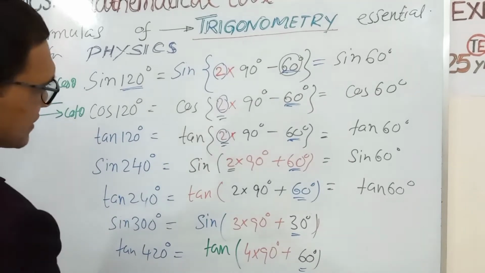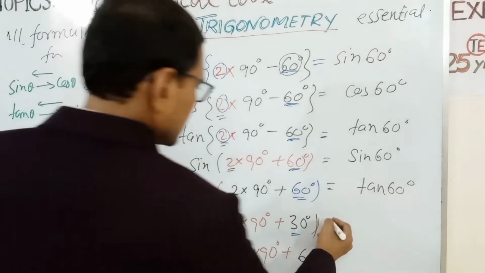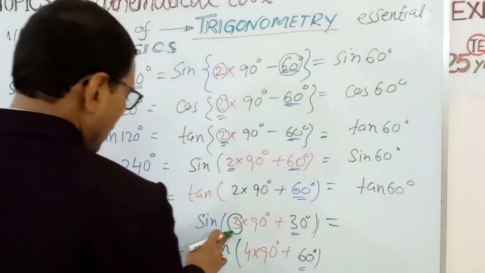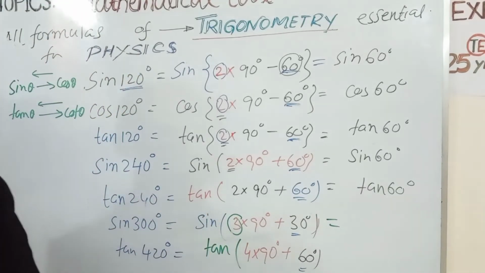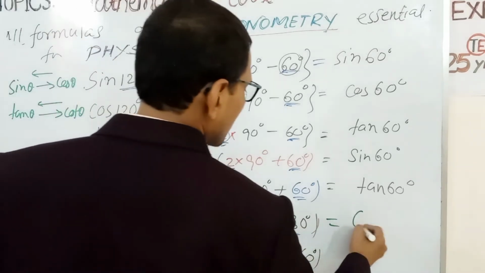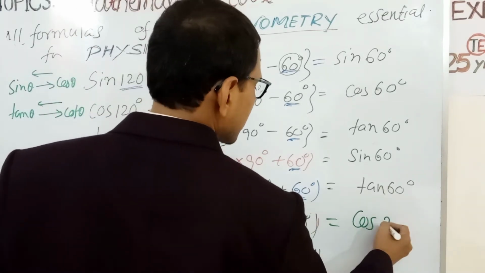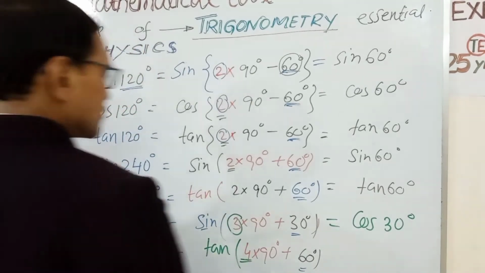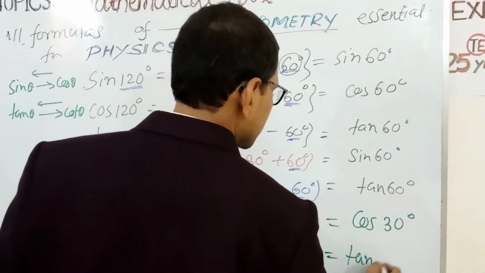This is the complement. So if this is odd, then the ratio will be its complement ratio, that is sin becomes cos of this angle, and this is even, so tan remains the same, tan 60 degree.